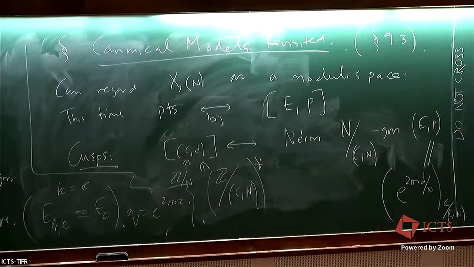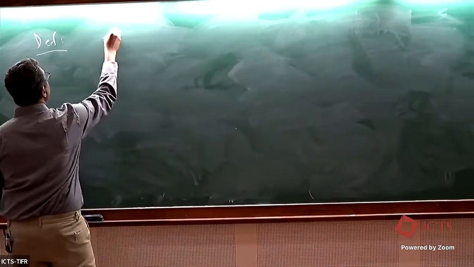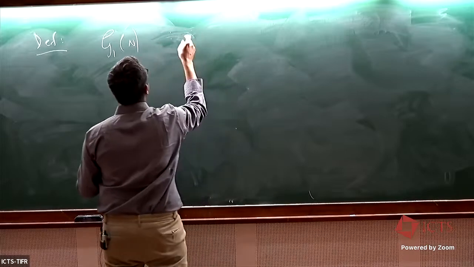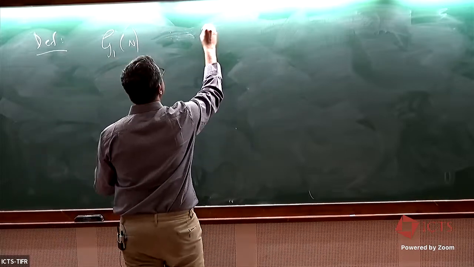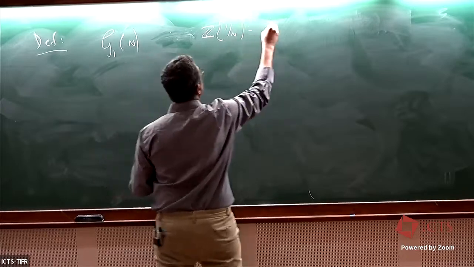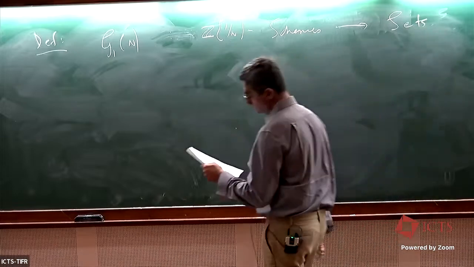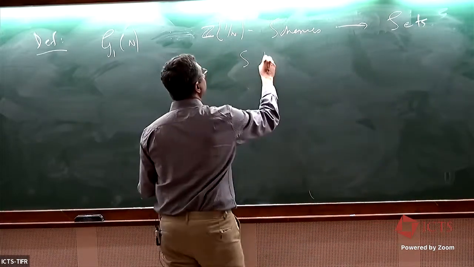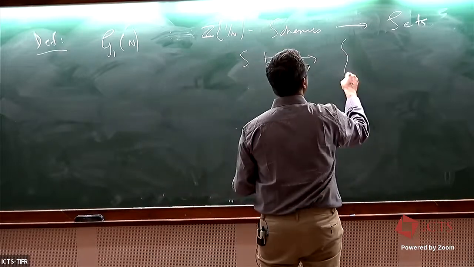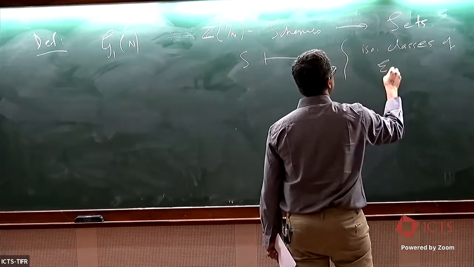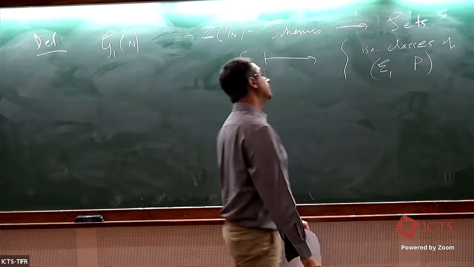Okay, so let us come to the definition of the generalized functor G1(n), defined from Z[1/n]-schemes to sets, where S goes to isomorphism classes of pairs (E, P).